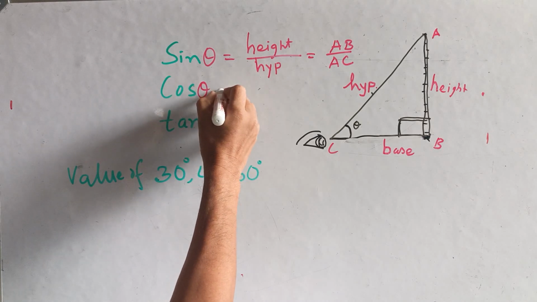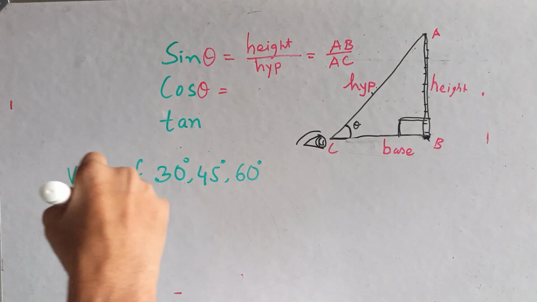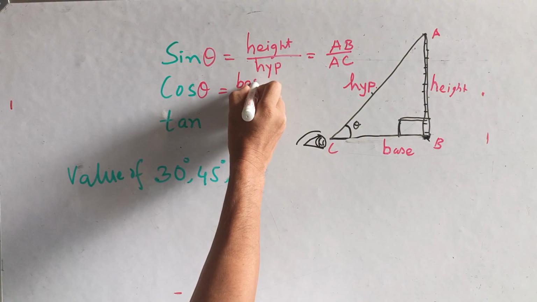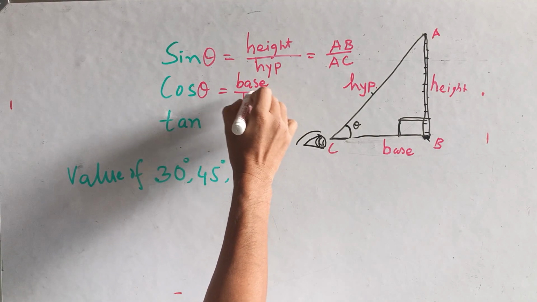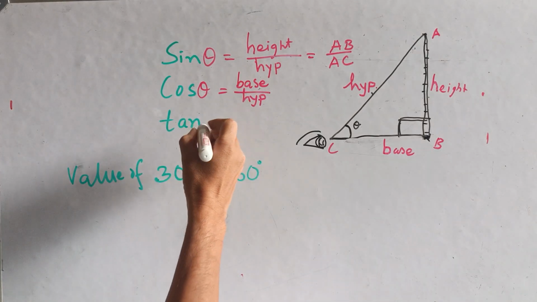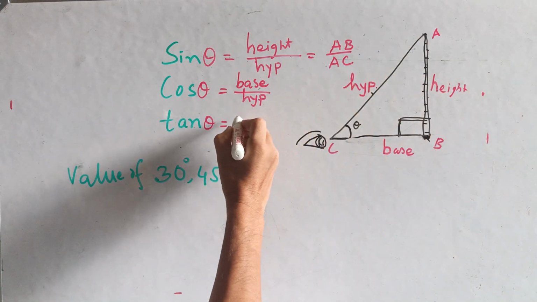Same way for cos theta, you have to remember it is base by hypotenuse. This is the definition part and it must not be forgotten. Base by hypotenuse. And tan theta is height by base.